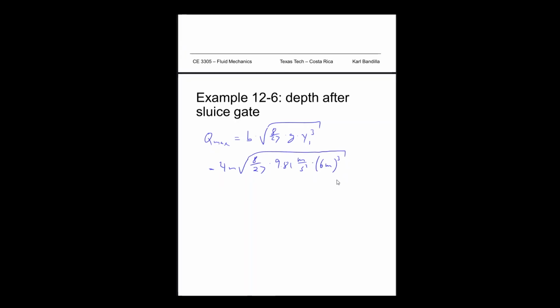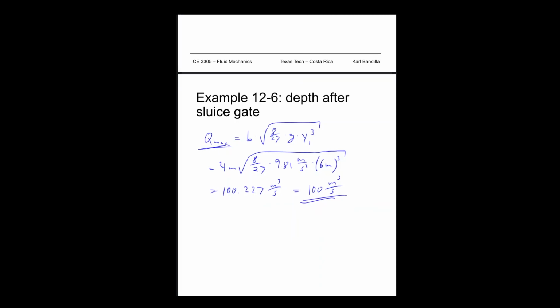Real quick, does this work with our units? We have an s squared that's going to turn into seconds, which is good. And then we have meters to the 4, the square root of that is meters squared, so that's good too. That all works, because we're multiplying by the last meter here, so we'll get meters cubed. That gives us 100.227 cubic meters per second, or with 3 significant digits, 100 cubic meters per second.